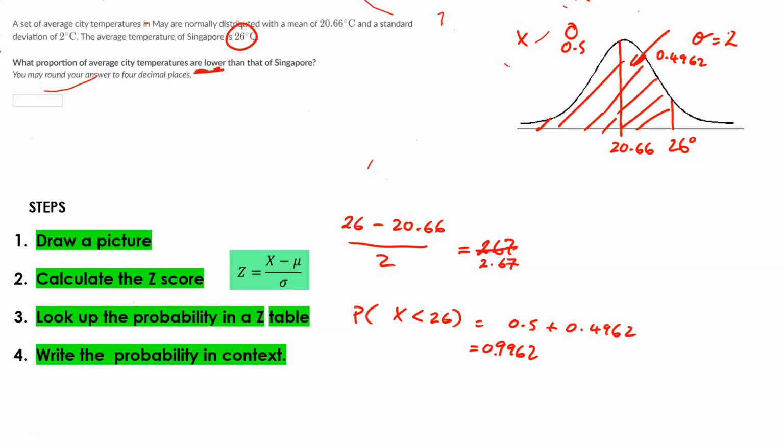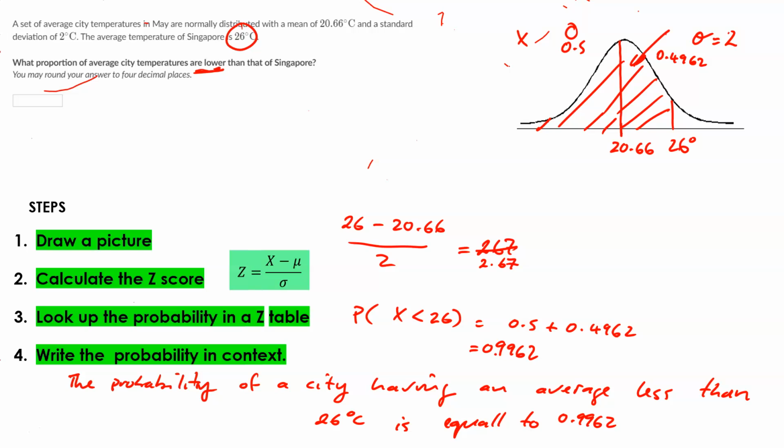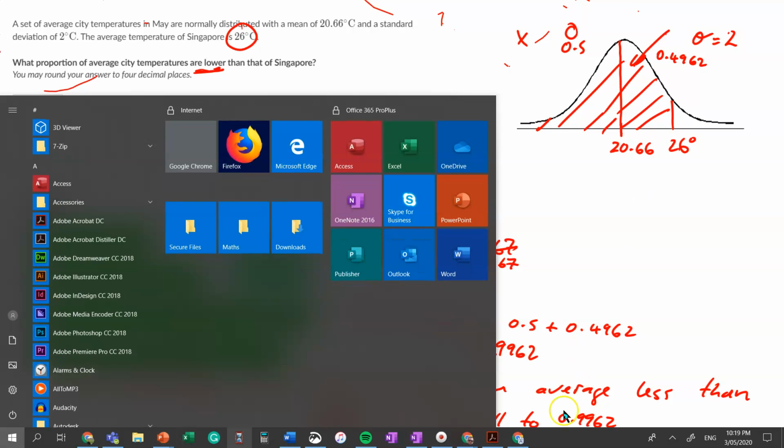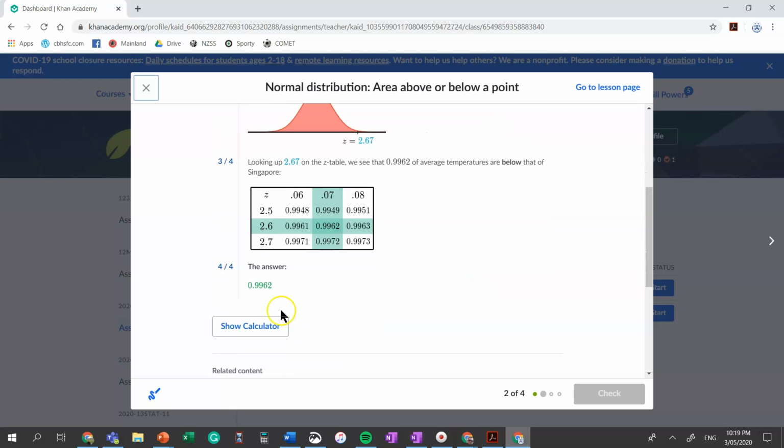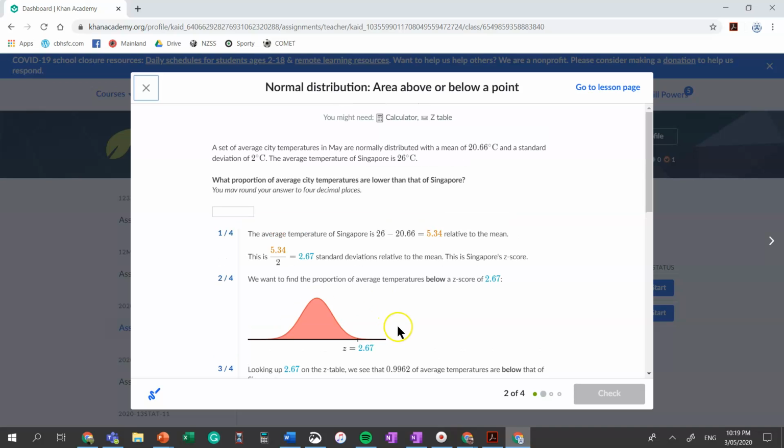And then the last thing is to write our answer in context. The probability of a city having an average temperature less than 26 degrees is equal to 0.9962. And if we compare that to the answer in Khan Academy, you can see we end up with 0.9962 as our answer.